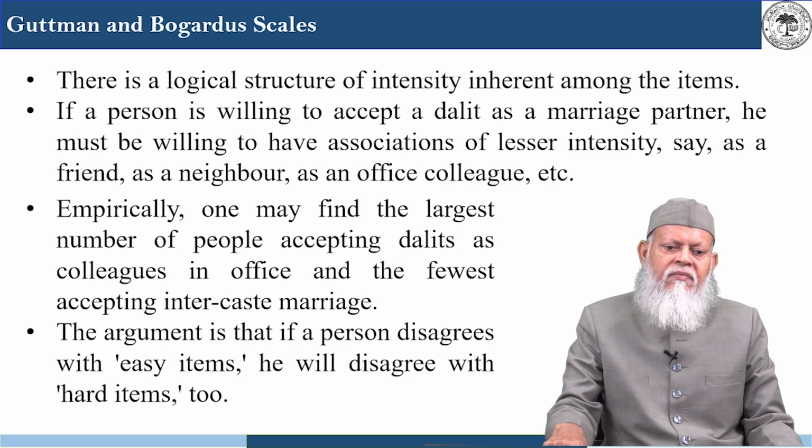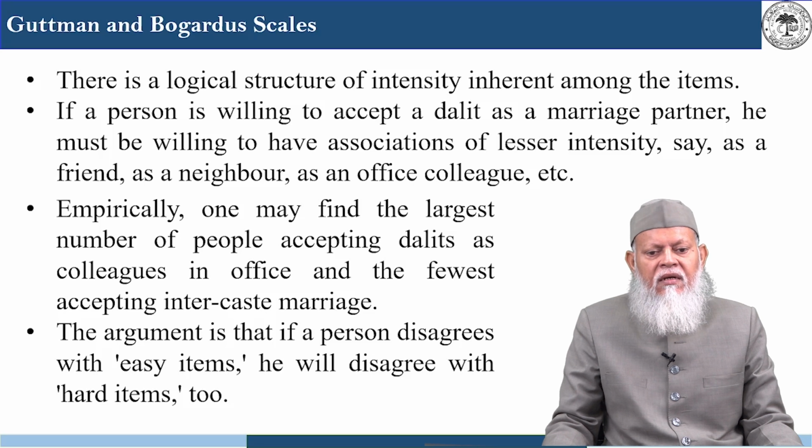So, the argument is that if a person disagrees with easy items, he will disagree with hard items too, and if a person agrees with a hard item, he would agree with the easy items also. The hardest item in our example is the marriage partner, and the easiest item in our example is the office colleague.